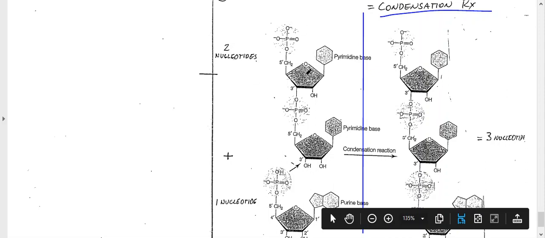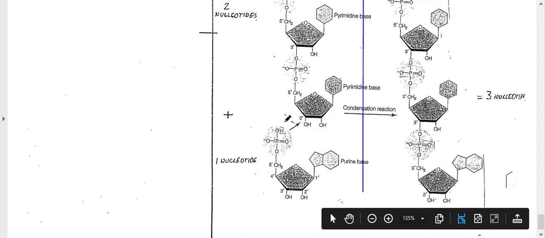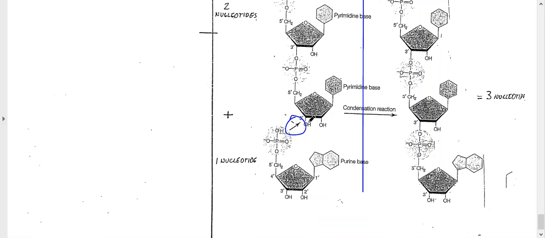You've got 2 nucleotides already linked together, and we're down here, and we want to add this 3rd nucleotide. So what happens is the OH group on the 3' carbon and a hydrogen from the adjacent nucleotide's phosphate group is where the water comes from.